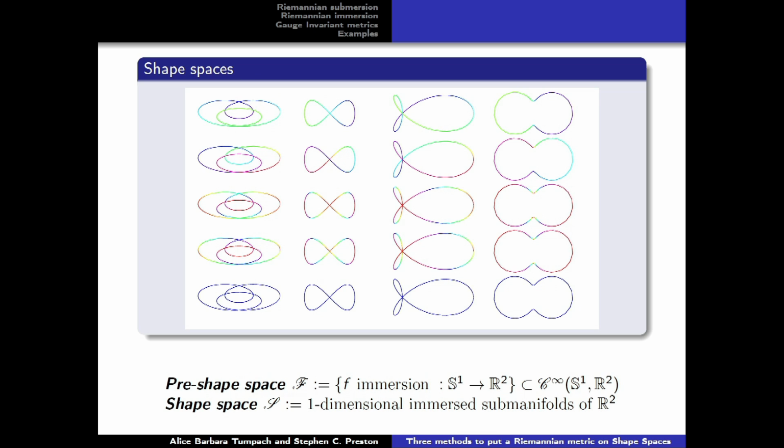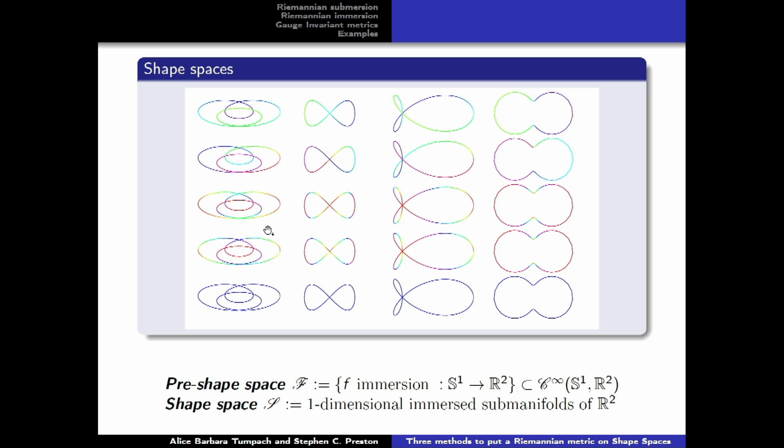So there are 2 objects. There is something which is called a pre-shape, which are shapes but with a parameterization. So parameterize a curve in this example here. So you can parameterize, as I said before, a curve with a different parameterization.